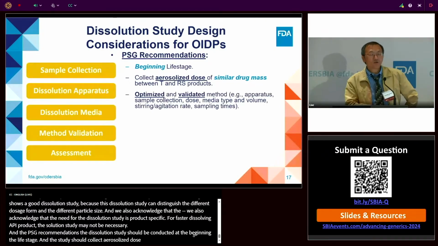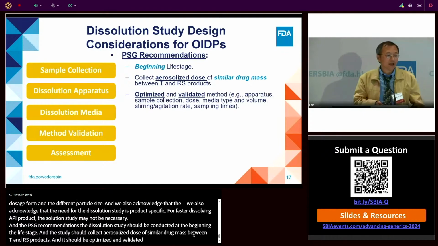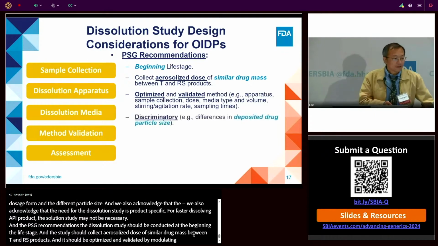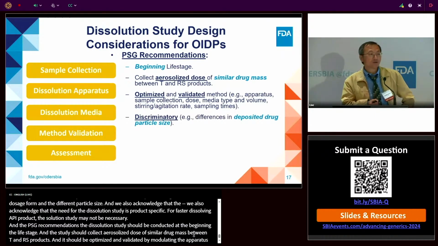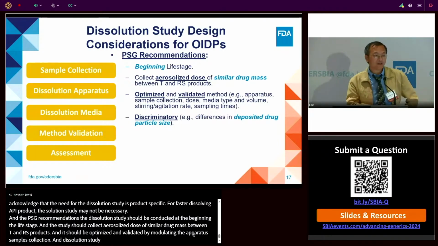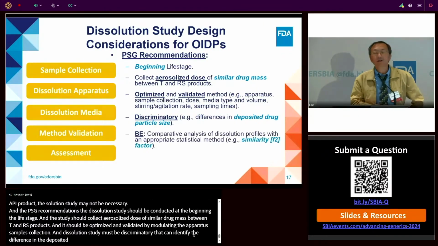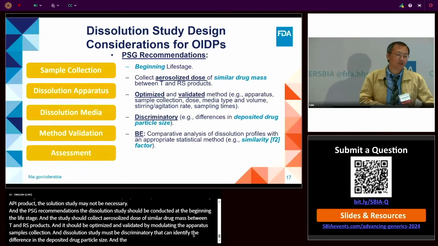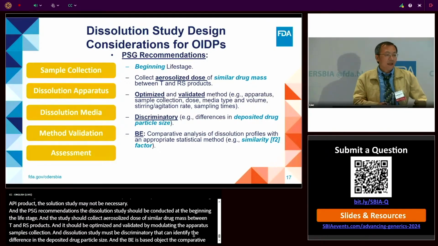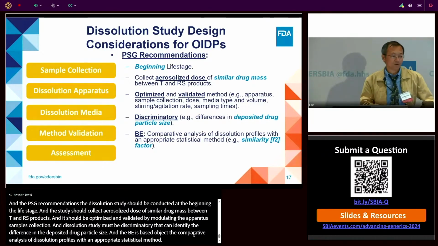And your method should be optimized and validated by modulating your apparatus, sample collection, and the dose, etc. And your dissolution study must be discriminatory, that can identify the difference in the deposited drug particle size. And the BE is based on the comparative analysis of dissolution profiles with appropriate statistical methods such as F2 analysis.